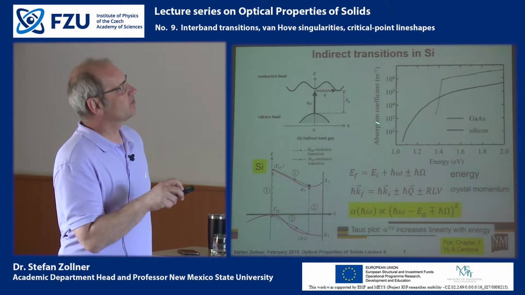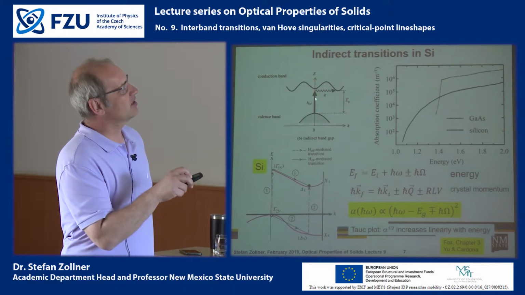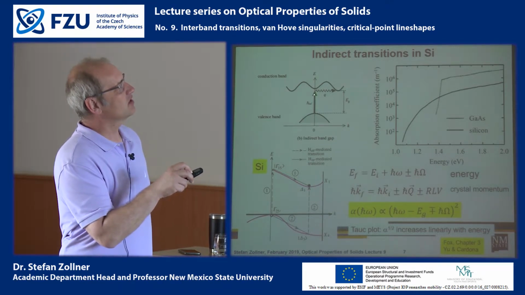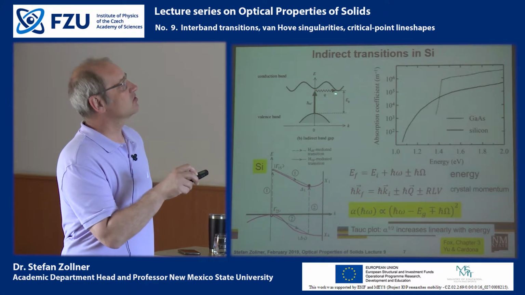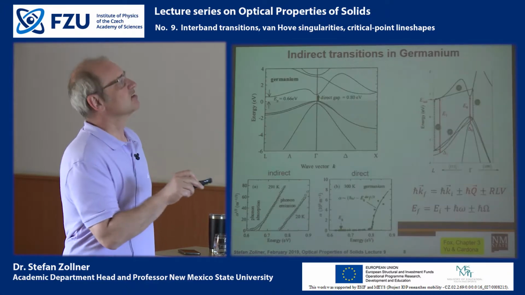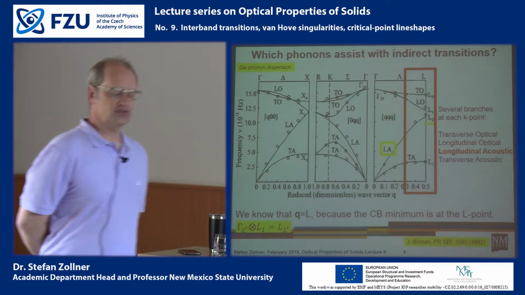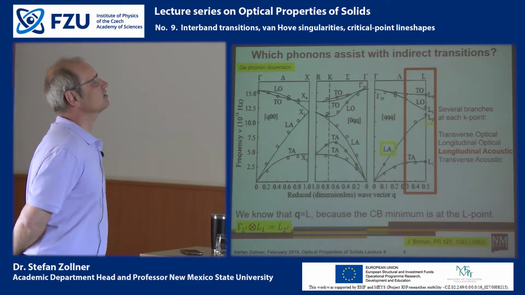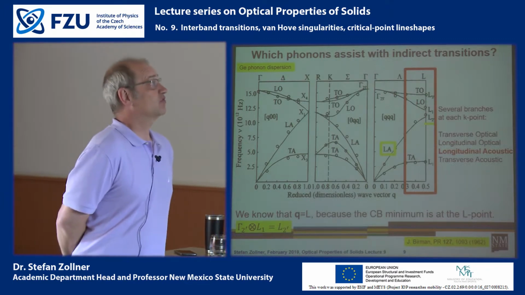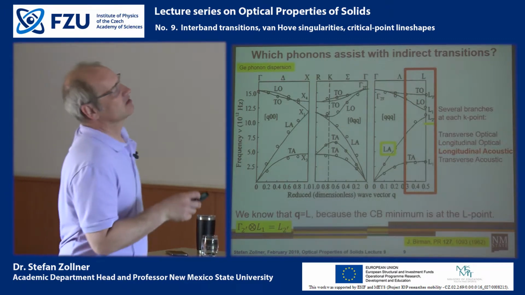So in order to make this indirect transition, we need assistance from a phonon. So we look at the phonon dispersion relation of germanium, and then we ask ourselves, well, which phonon do we need?